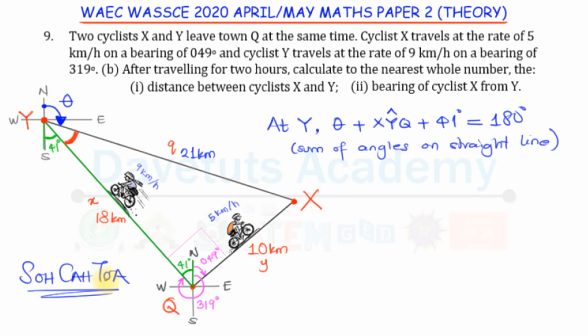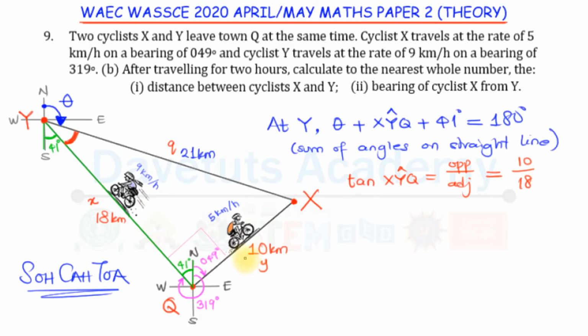We can say we want to use tan. From there, tan XYQ is ideally opposite over adjacent, because from SOHCAHTOA, tan is opposite over adjacent. What's the opposite? The opposite is 10 and the adjacent is 18.